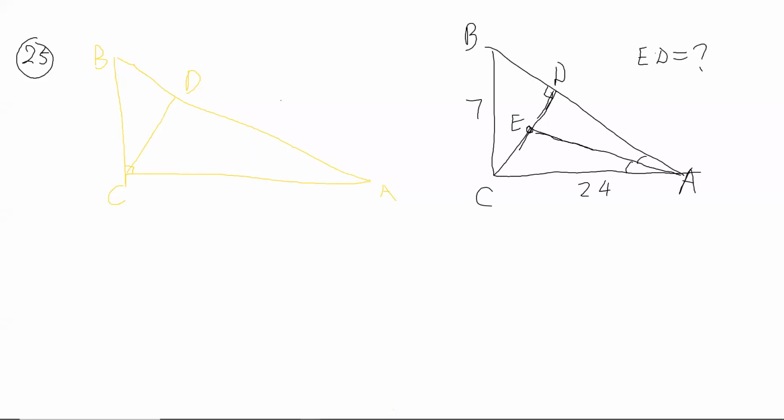So we can start by finding the length of altitude CD using two different ways to find the area of ABC. Since this is already a right triangle, we can solve its area in one way, which is 1/2 times 7 times 24. Another way we can solve this is 1/2 times the base AB times altitude CD.